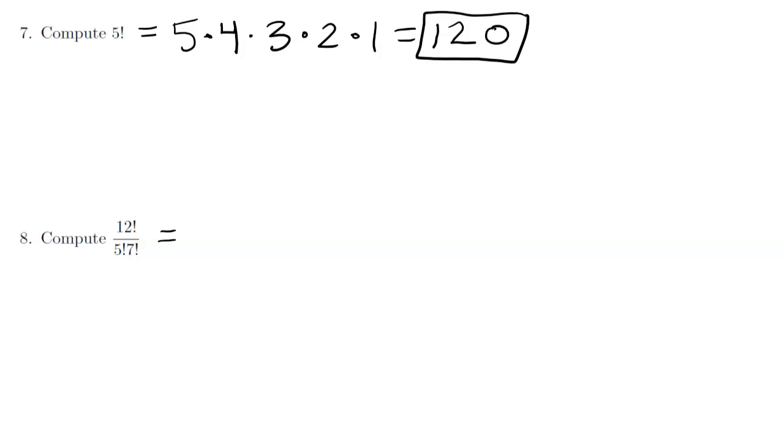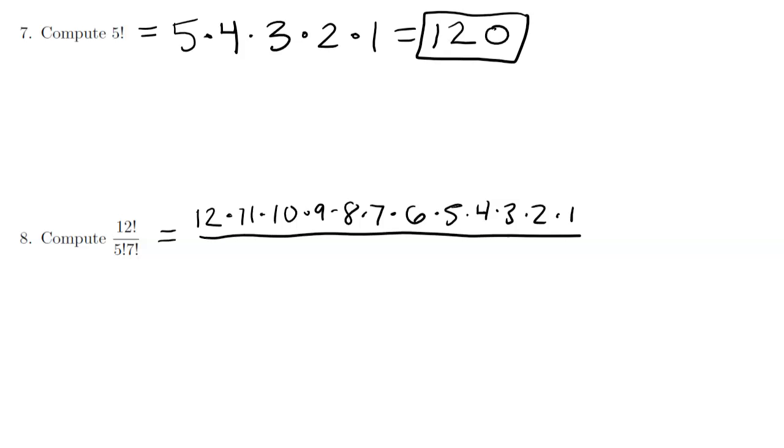So let's think about, well, what is 12 factorial? Well, 12 factorial would be 12 times 11 times 10 times 9 times 8 times 7 times 6 times 5 times 4 times 3 times 2 times 1. It's long, right? There's going to be all the way from 12 down to 1.